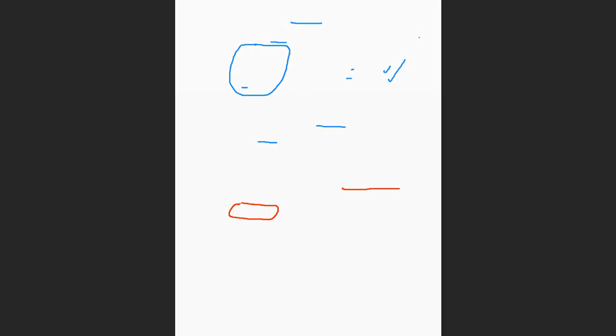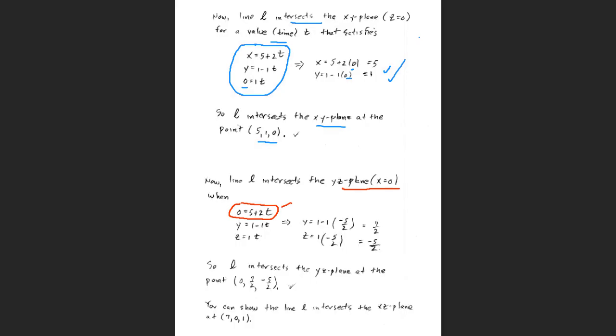If 0 equals 5 plus 2t, then negative 5 equals 2t, so therefore negative 5 halves equals t.